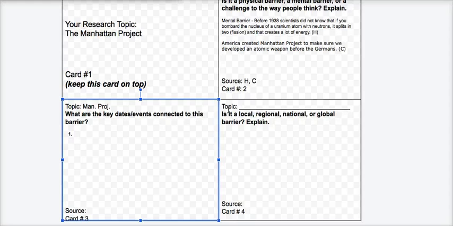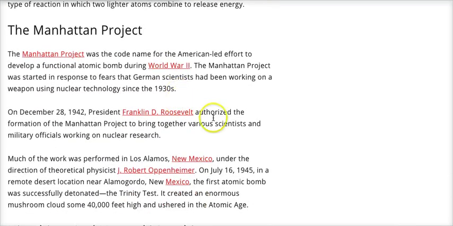The first one I'm going to write about is the discovery of fission in Germany in 1938, and that is from source A. Then I'll do the next one, and I need to go back because I want specific dates for this one.